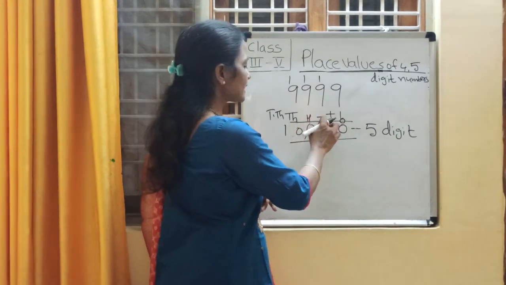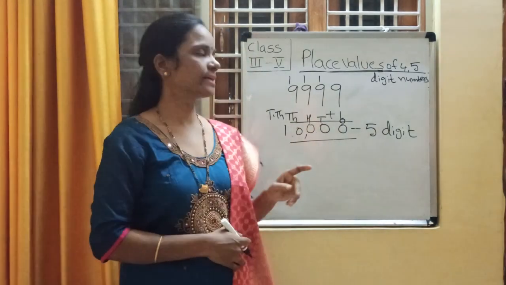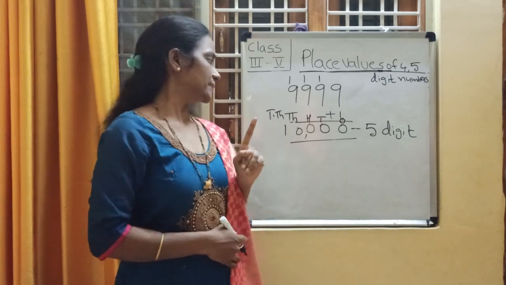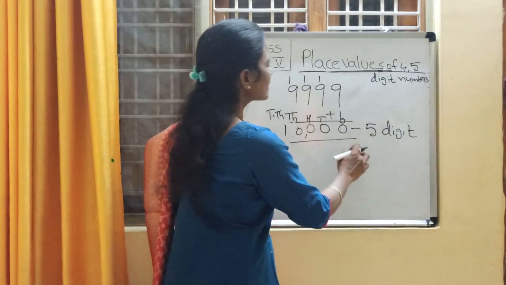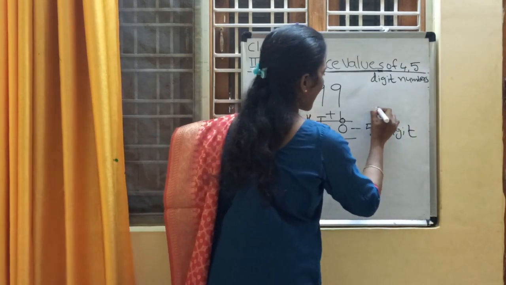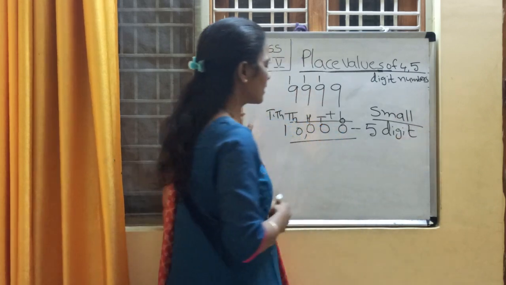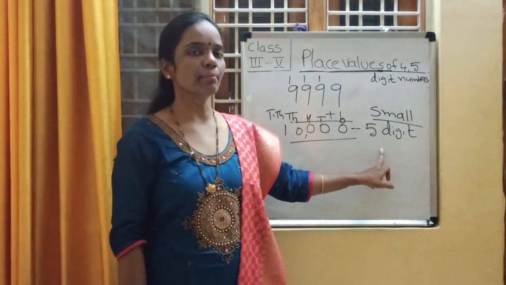Here ones, tens, hundreds together form one period, and thousands, ten thousands form another period. After each period we need to put a comma. So 10,000 is a 5-digit number, and it is the smallest 5-digit number.